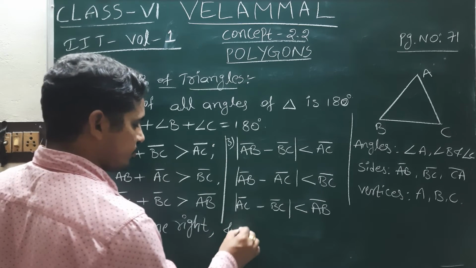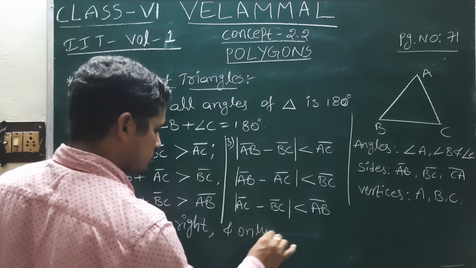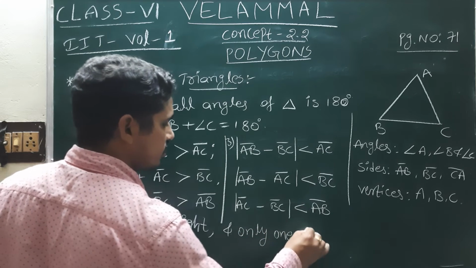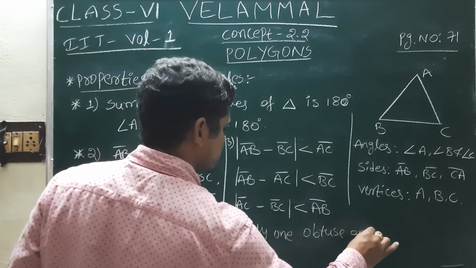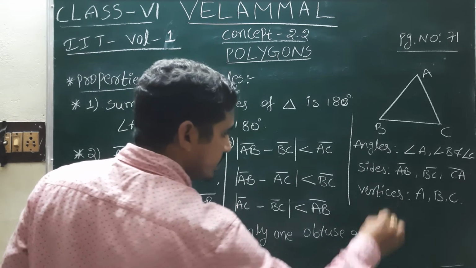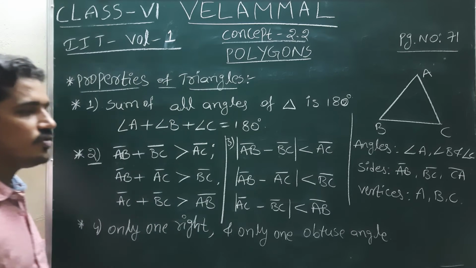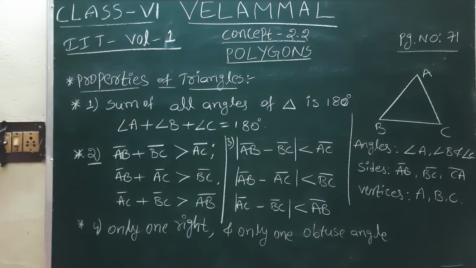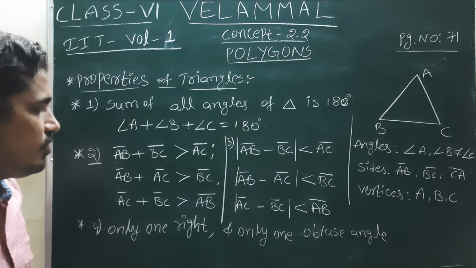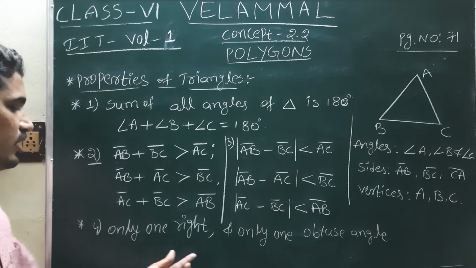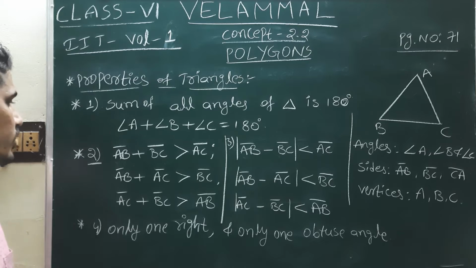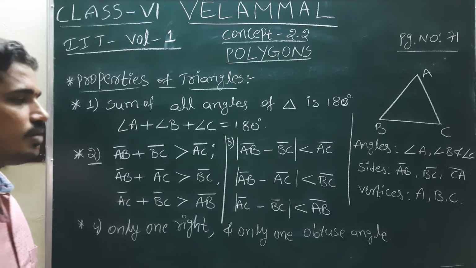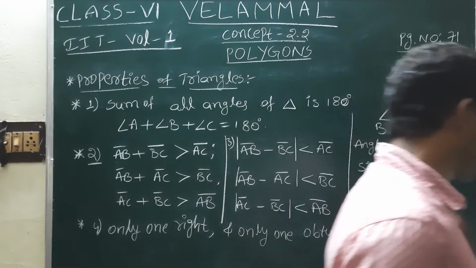In the same way, only one obtuse angle will be there. In a triangle, there will be only one obtuse angle or only one right angle. The remaining two angles will be acute angles. Okay. These are the important properties we have in our textbook.